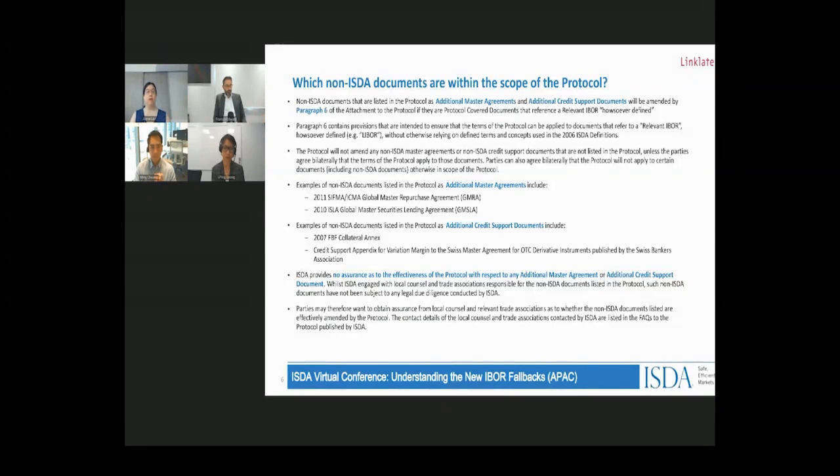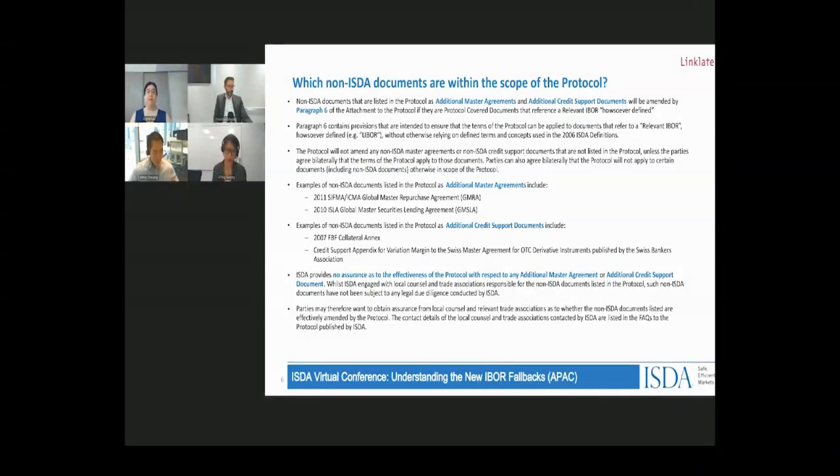Now, the key thing, another one to keep in mind in relation to the protocol, is that it will amend this huge set of documents that we've told you are set out and identified and listed, but that is all it will cover. So it will not extend to agreements that are not specifically listed.